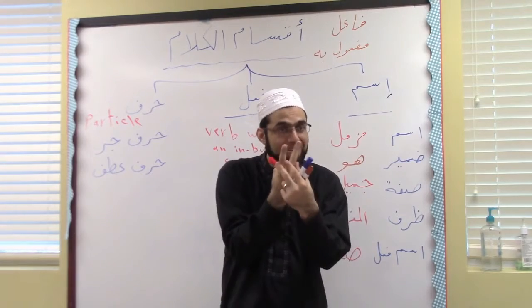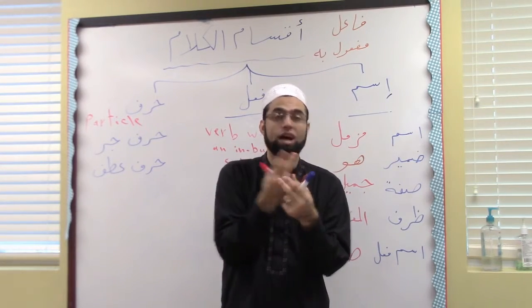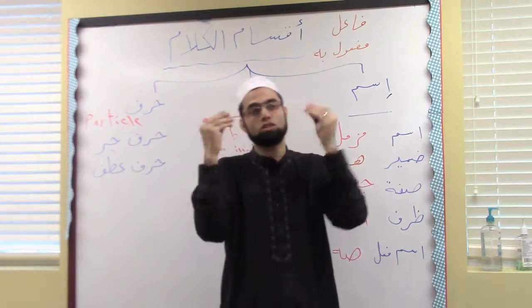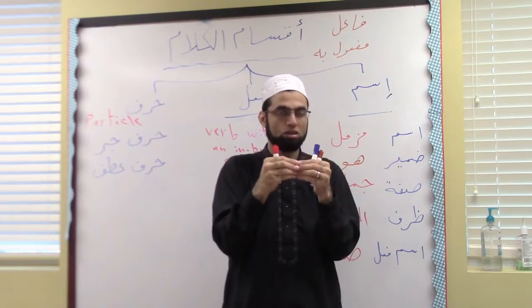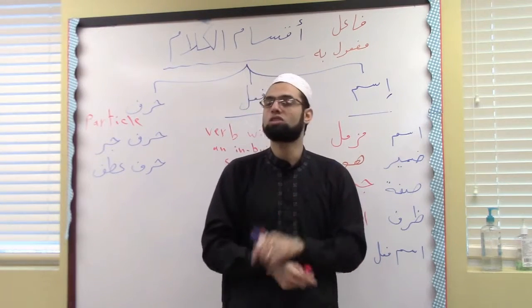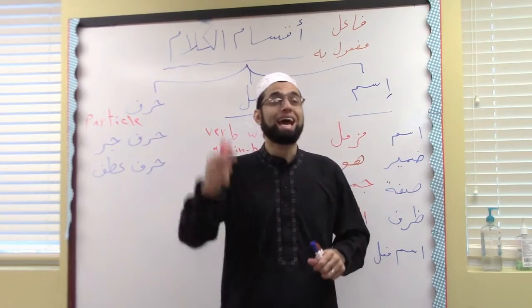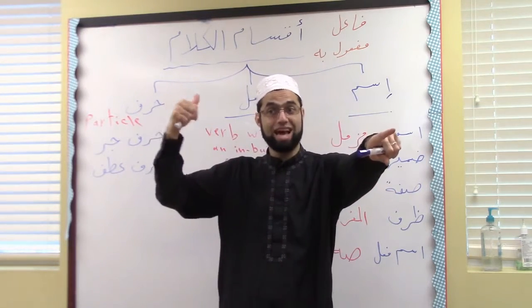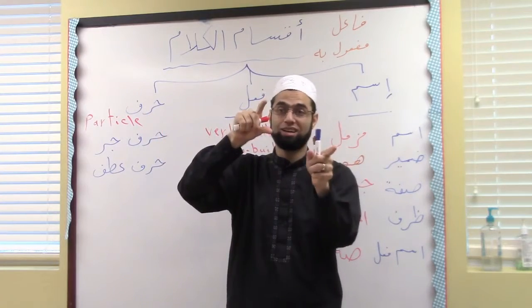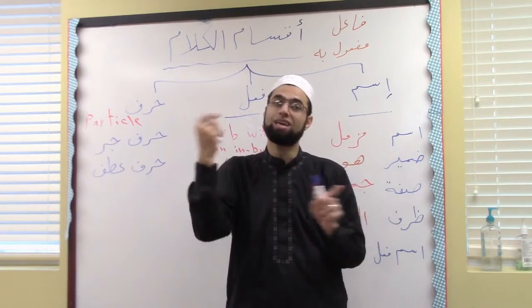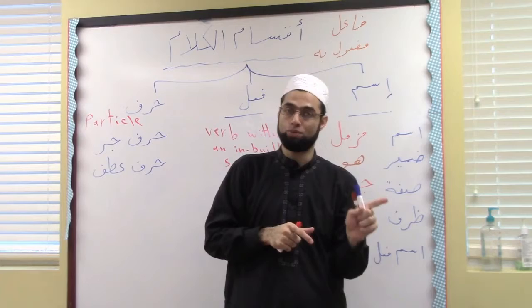If we have a verb and a noun in an Arabic sentence, what do you start with? Verb. So we say أكل عيسى التفاحة. Isa ate the apple.